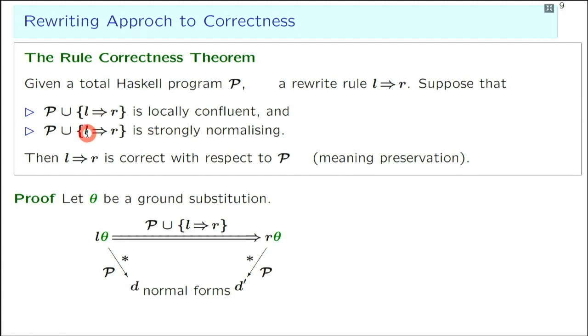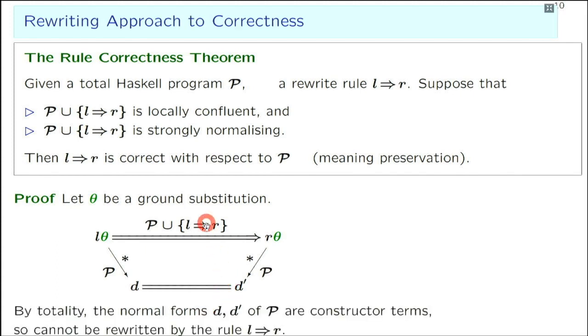So by the confluence property, we can have a common result of D and D'. And also by using the totality assumption of the program, D and D' are constructor terms, so they can't be rewritten further, so these must be the same. So this means that this rewrite rule is meaning preserving. So this is proved.